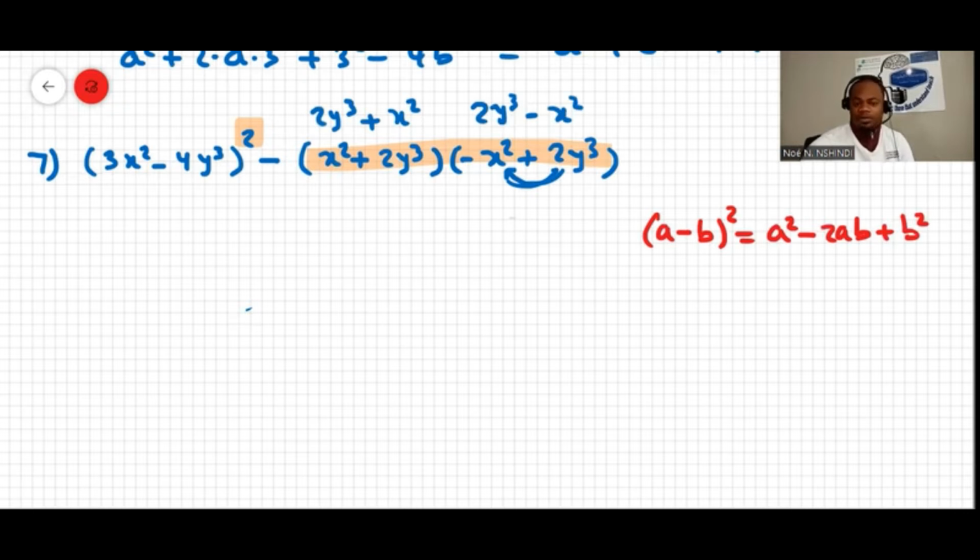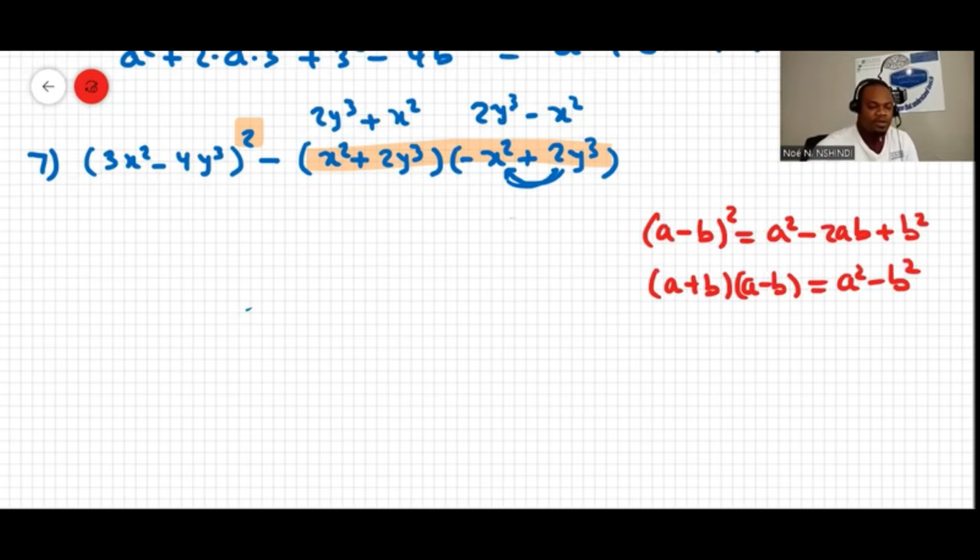Now we have a difference of two squares. A product that leads to a difference of two squares: a plus b times a minus b is equal to a squared minus b squared. So we can apply those formulas to solve the problem.